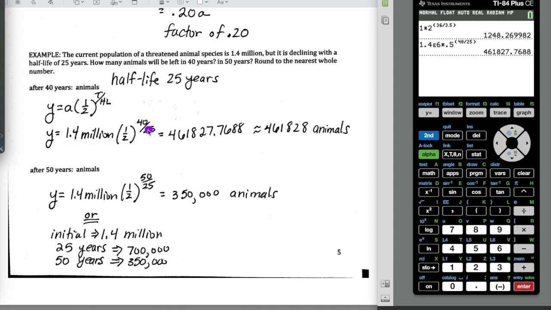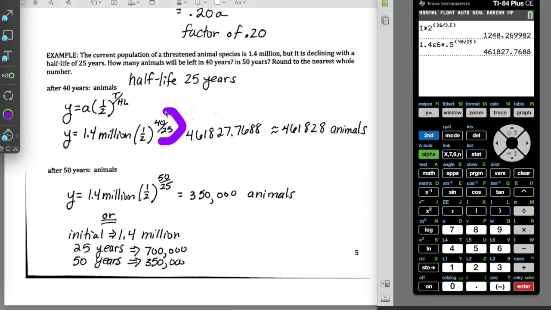Now, because these units are the same, I don't have to worry about changing units. These are both in years, so I'm good there. Now, when I put this in on my calculator, I'm going to get 461,827.7688, and then we've got to round it to the nearest whole number.